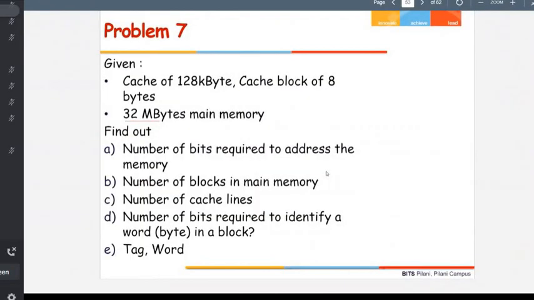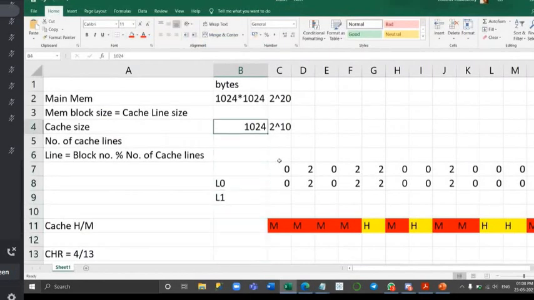So we have a cache of 128 KB. Cache is 128 KB, so 128 multiplied by 1024. We can write this as 2 raised to the power of 17 cache size.